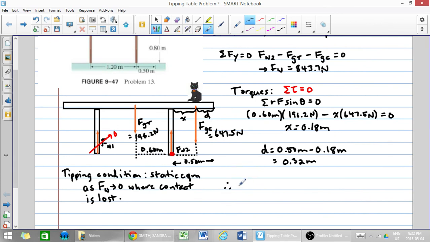And we can then say, therefore the cat can get to within 32 centimeters of the edge without tipping.